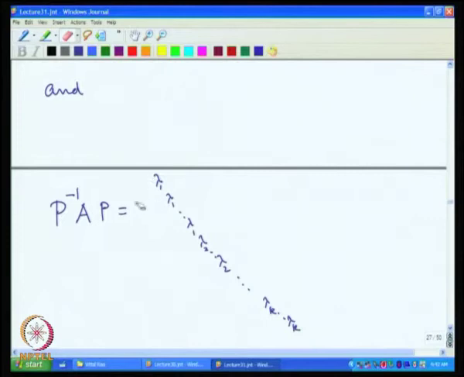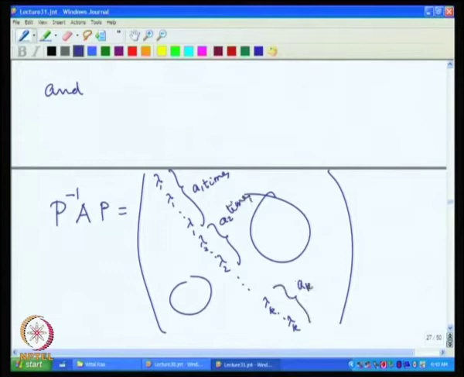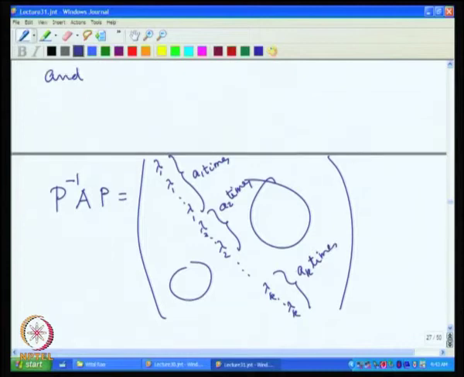So, this will be a huge diagonal matrix, n by n, with lambda 1 appearing a1 times, lambda 2 a2 times along the diagonal, and finally lambda k ak times, and A becomes diagonalizable.